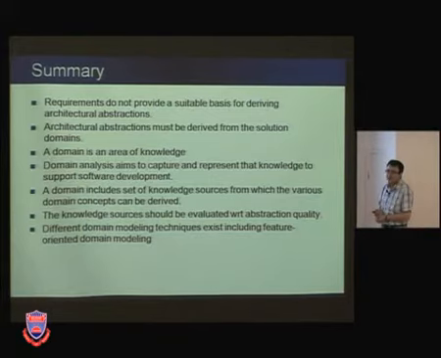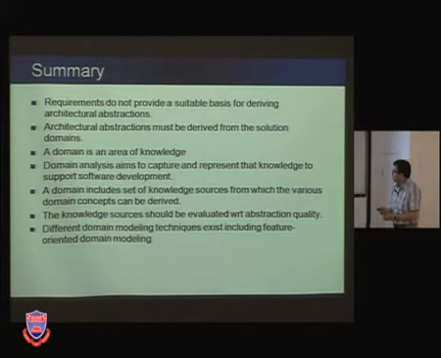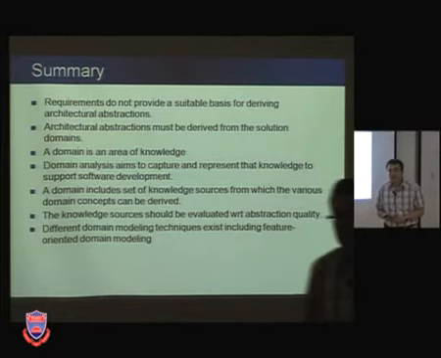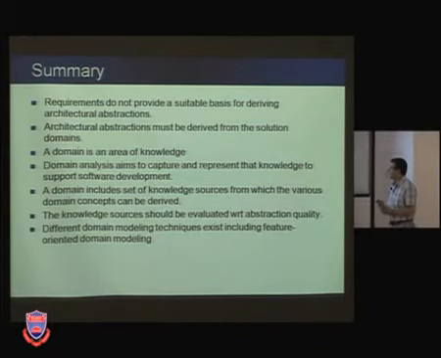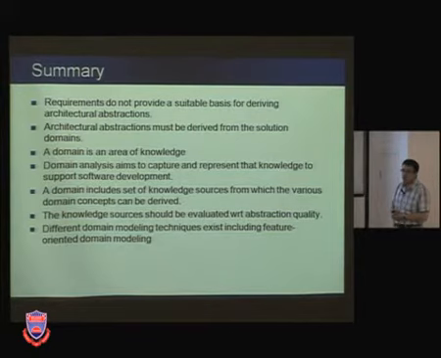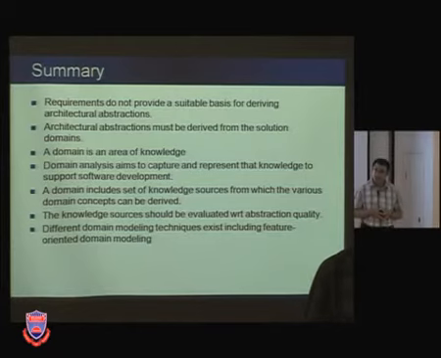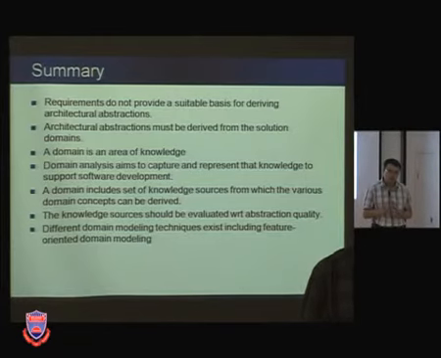It's just an area of knowledge. Analyzing a domain is called the domain analysis process. It's a systematic process to capture and represent that knowledge to support software development. Domain analysis consists of 2 basic processes: domain scoping, where you identify the domains and the knowledge sources.